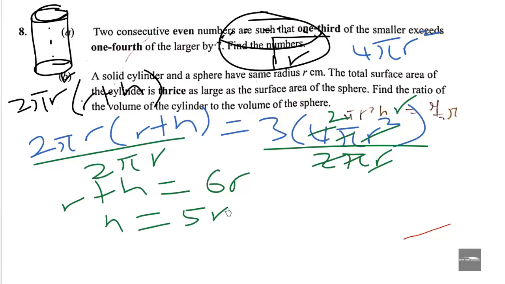Now since h is 5r, we can find the volume of the cylinder and the volume of the sphere in terms of their radius, and we can divide.